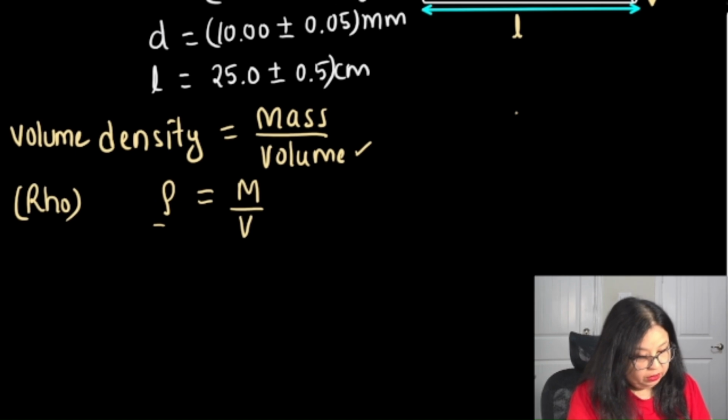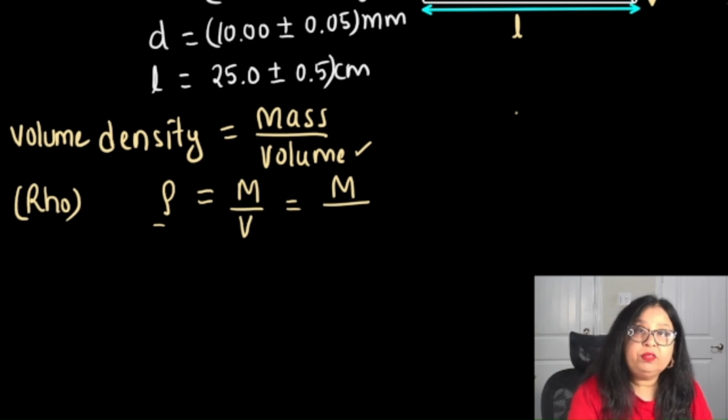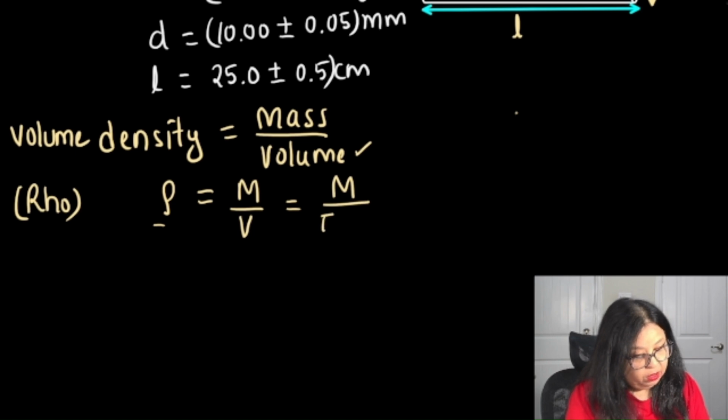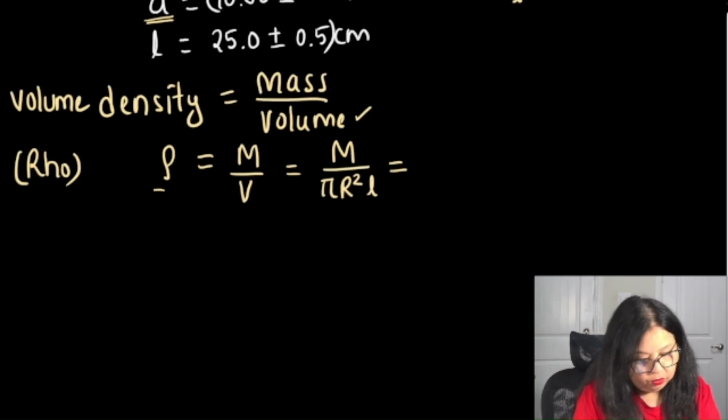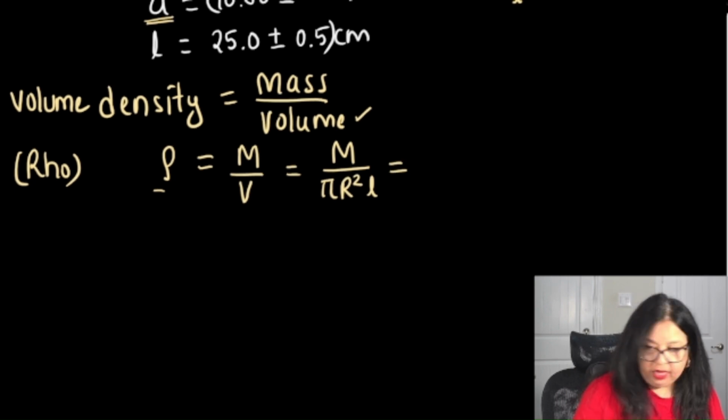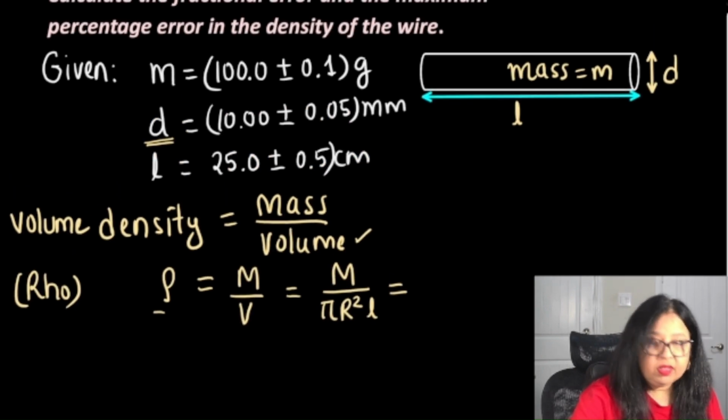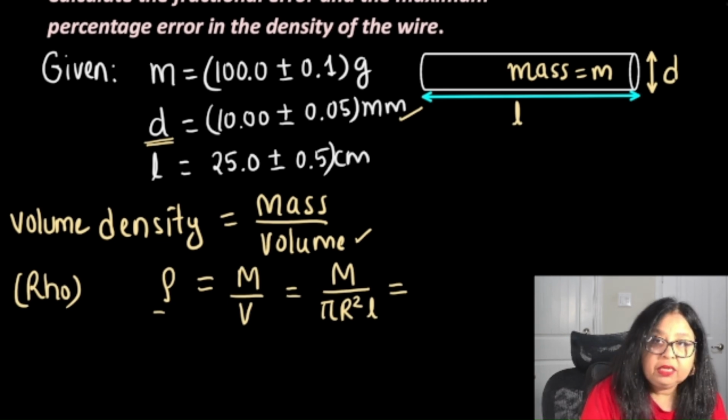Here we are interested in the volume of what? Volume of the wire, which is going to be the volume of the cylinder. What is the volume of the cylinder? It's going to be pi r squared times the length. So in this problem, we're given the value of diameter d, not the value of radius r.